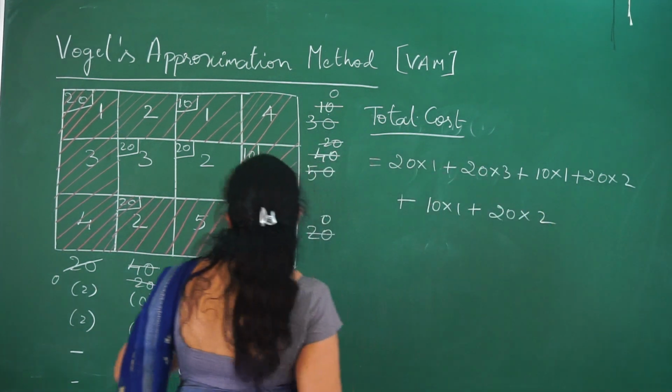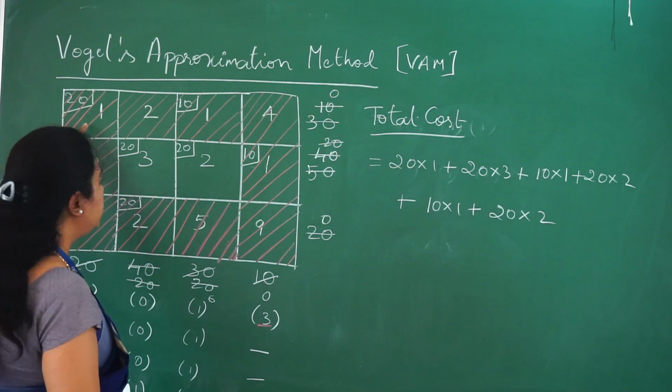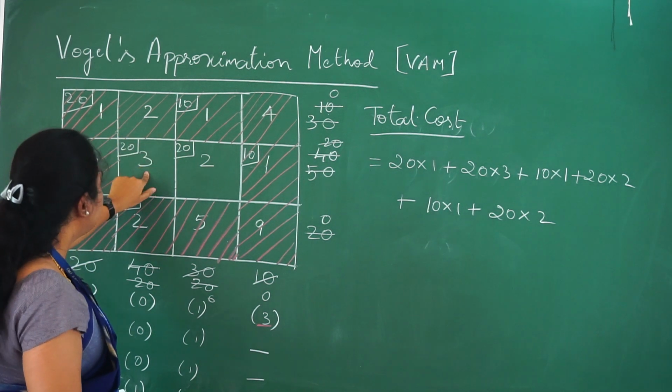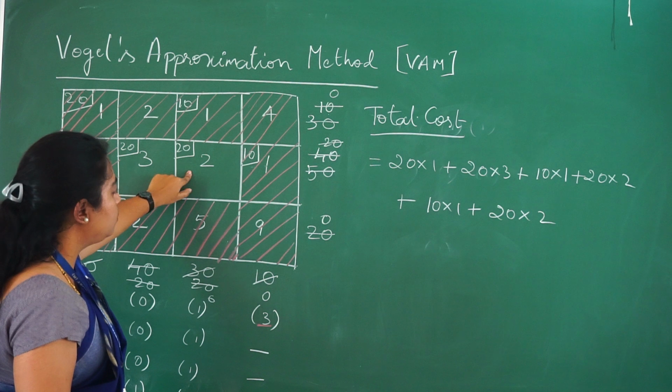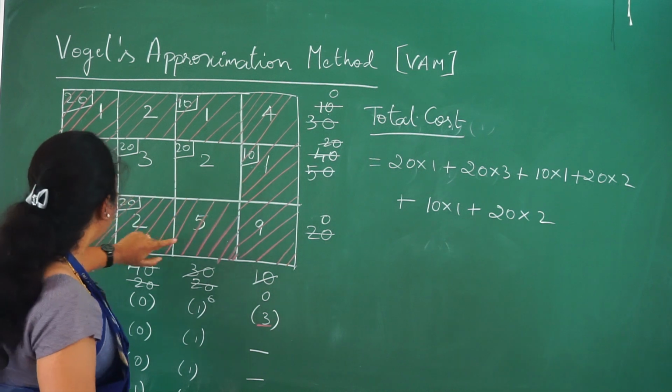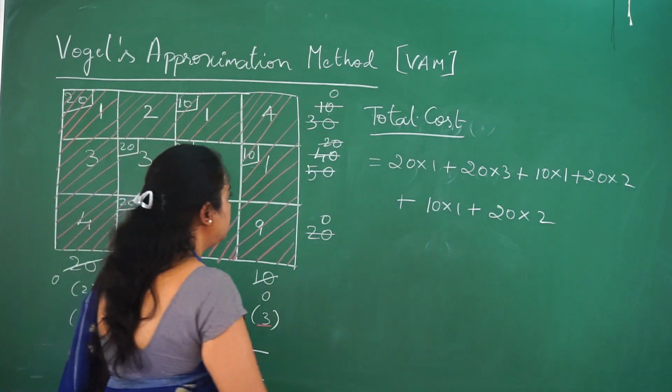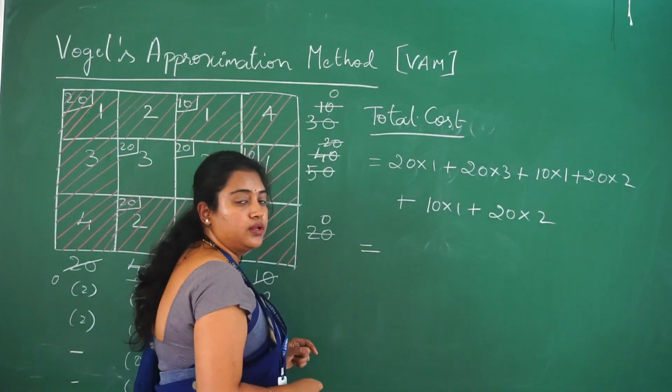Okay, so these are all the allocations. Let us check once again. 20 into 1, 20 into 3, 10 into 1, 20 into 2, 10 into 1 and again 20 into 2. So all the allocations are written. So we will find the total cost now.